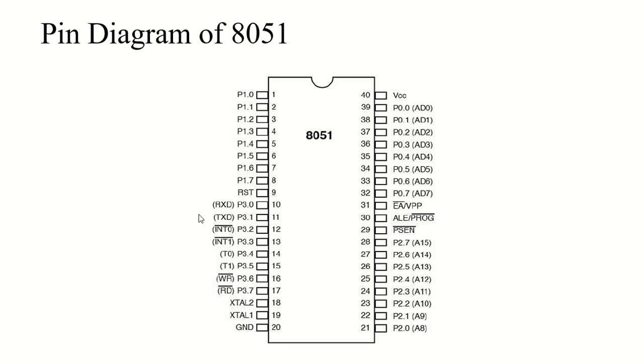You can see pin number 16 and 17 here, and we use them for serial communication signals as well. Pin number 12 and 13 are set aside for external interrupts. Bits 3.4 and 3.5 are timers 0 and 1.